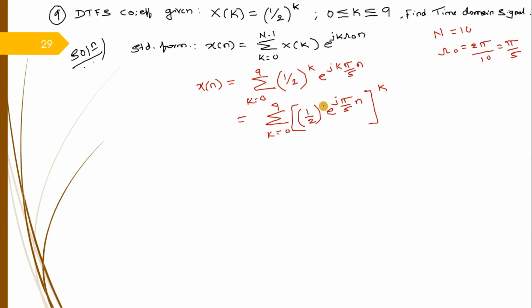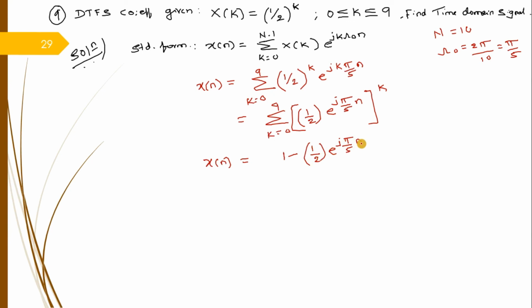So it's as good as the formula that we had earlier derived, summation k ranging from 0 to N minus 1 alpha raised to k. In that case, the answer comes out to be 1 minus alpha raised to 1 plus the maximum that we are having. Alpha here is 1 by 2 e raised to j pi by 5 n.